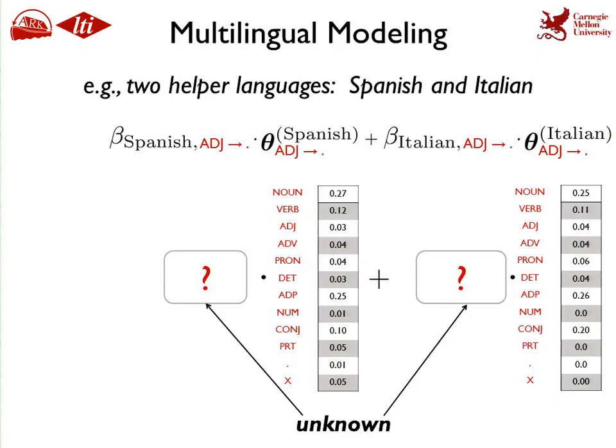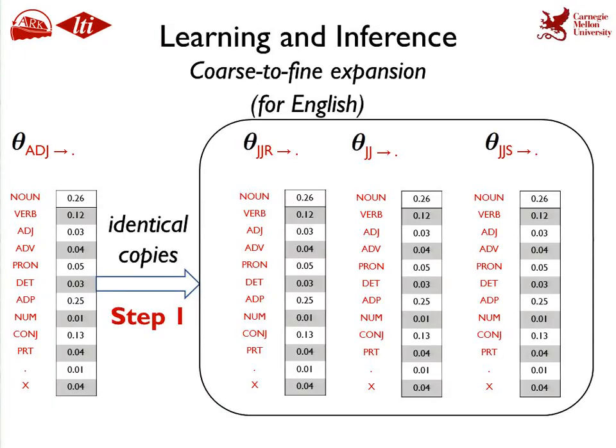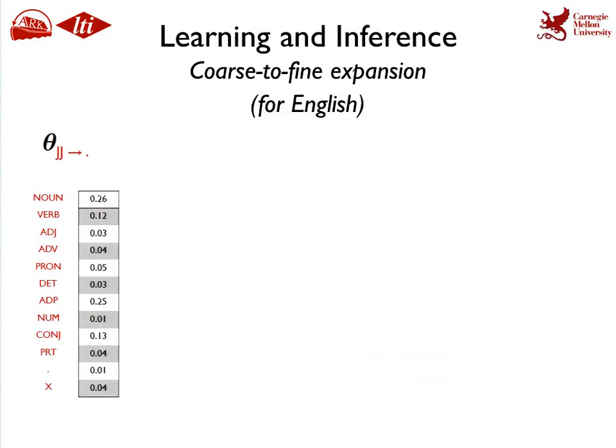So finally, when we learn these betas, we can use them to construct our coarse set of parameters for a target language. Once this coarse set of parameters is there, what we do next is a coarse to fine expansion, by first copying the parameters exactly for all the fine tags that appear in the k position of the multinomial. So for English, say the adjective tag expands as 3 types of adjectives. We make identical copies of this transition distribution, and for each we just take them and expand.